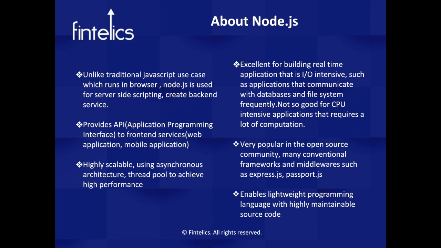Here is some important information about Node.js. Unlike the traditional JavaScript use case, which runs in a browser, Node.js is used for server-side scripting and creating a backend service. One of the major use cases of Node.js is to provide an API, which stands for Application Programming Interface, to front-end services, such as web applications and mobile applications.